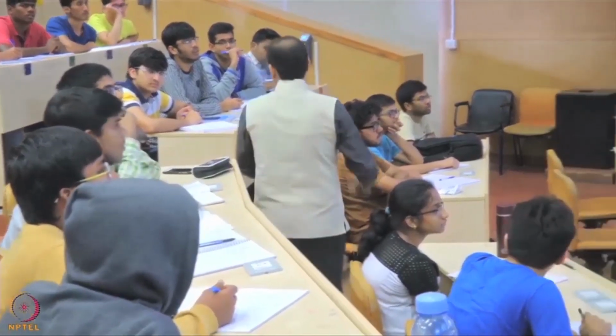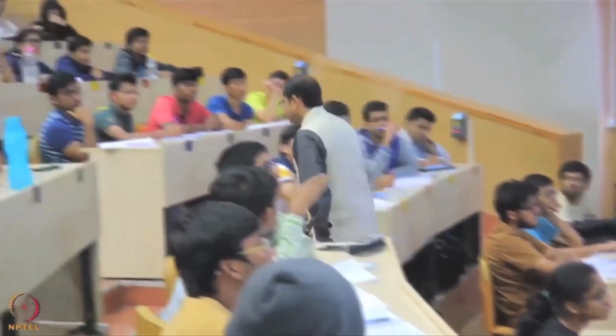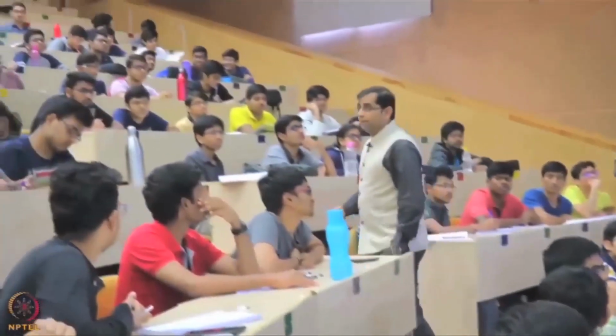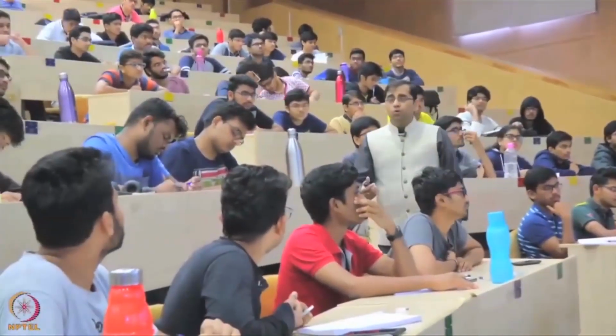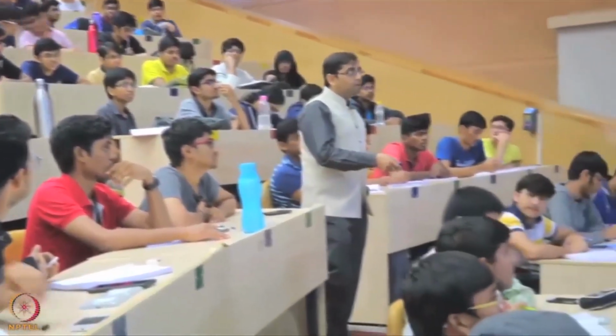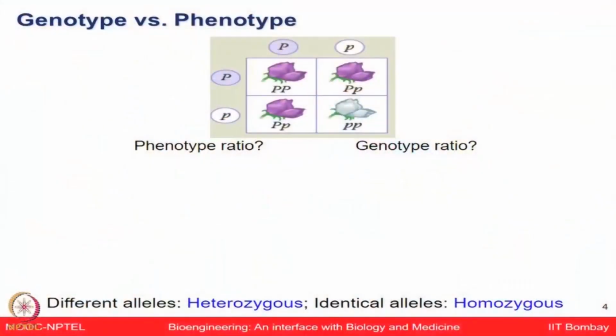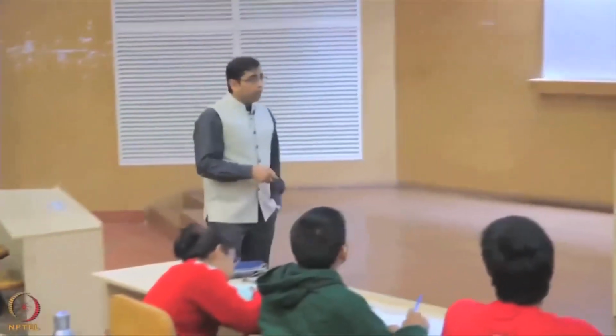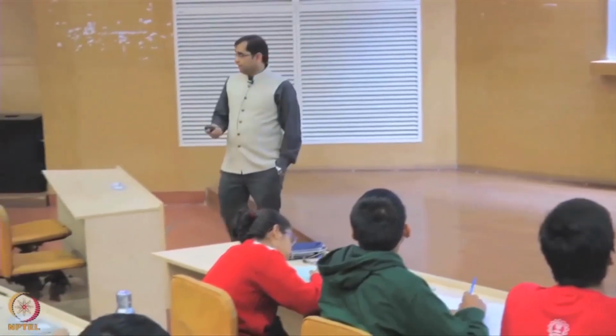Why 3? Because one is dominant, right? Capital P is dominant. So I'm sure now you already know all the terminologies. In this case, the genotypic ratio will become 1:2:1, and the phenotypic ratio, all those which are dominant, which is purple in color, as compared to the white, which is recessive color, right?